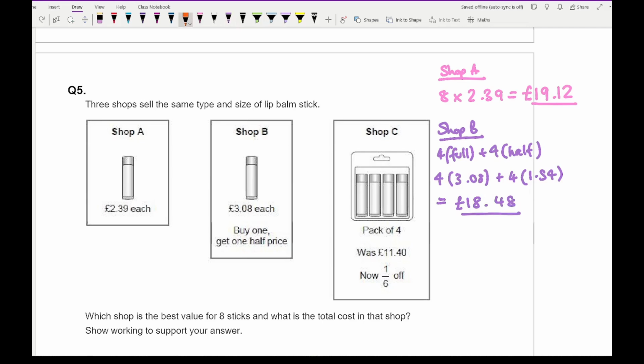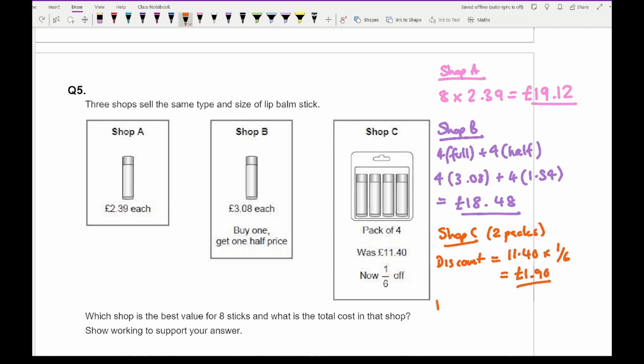Then for shop C, it says pack of 4 was £11.40 and we get a sixth off. So for this what I'm going to need is 2 packs. The discount value, which is what I need to work out first, is going to be £11.40 divided by 6, so the discount value is going to be £1.90.